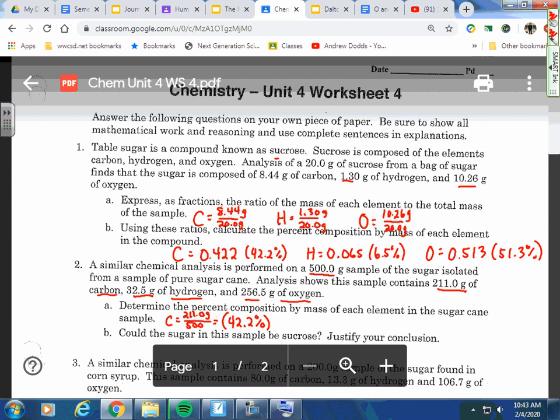And if you do hydrogen, and you take the 32.5 grams and divide that by 500 grams, that will come out to be 0.065 or 6.5%. And if I take the oxygen, 256.5 grams over 500, that comes out to be 0.513 or 51.3%.